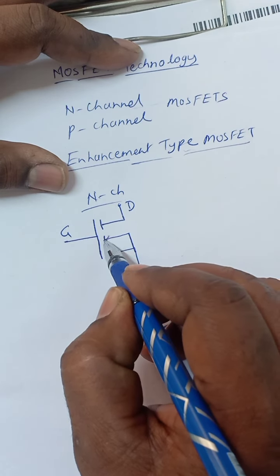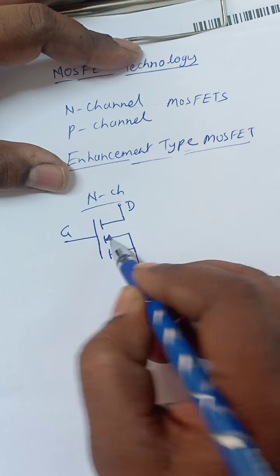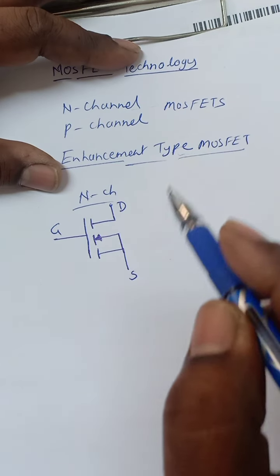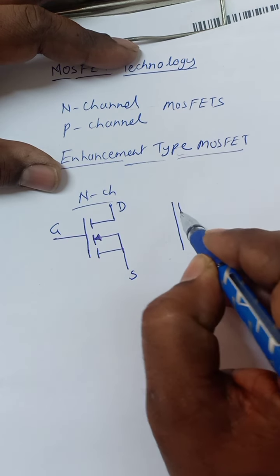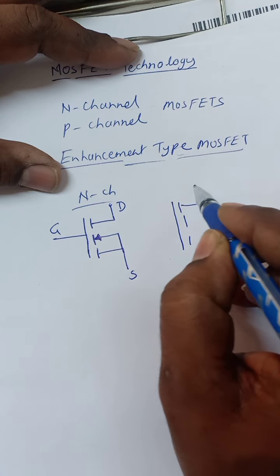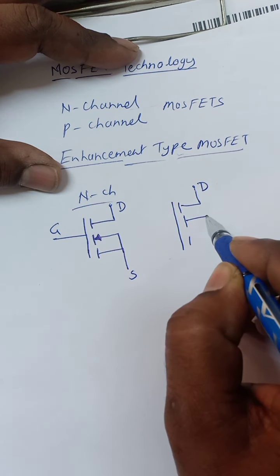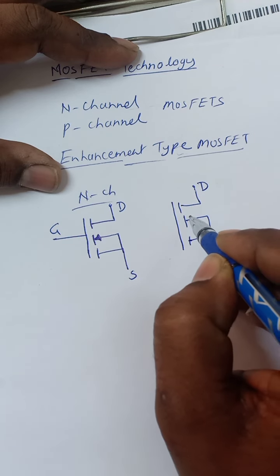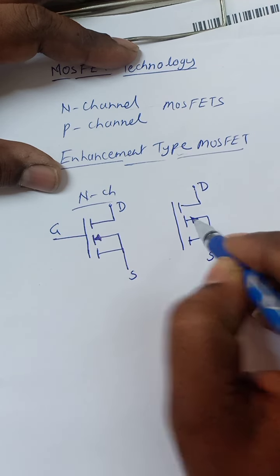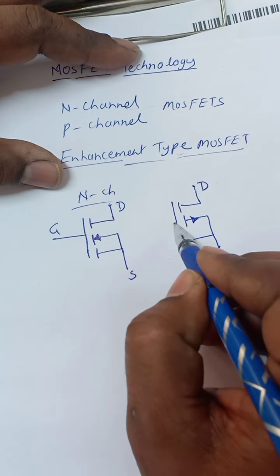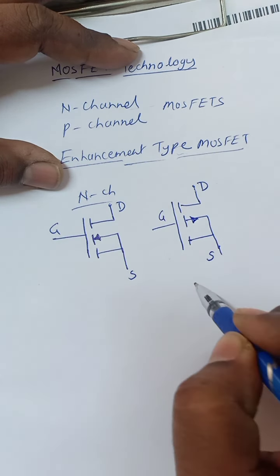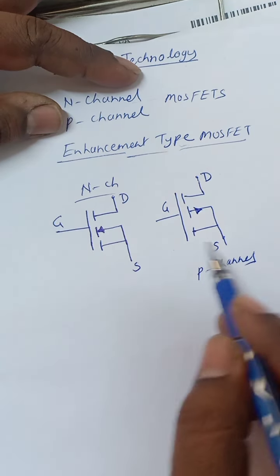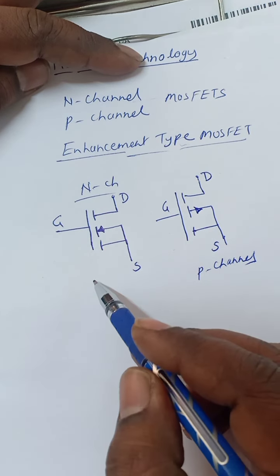The inward arrow indicates the N channel. For P channel, you just have to reverse the arrow. Source, this is the shield. An outward arrow indicates it is a P channel. So this is N channel and P channel type MOSFETs.